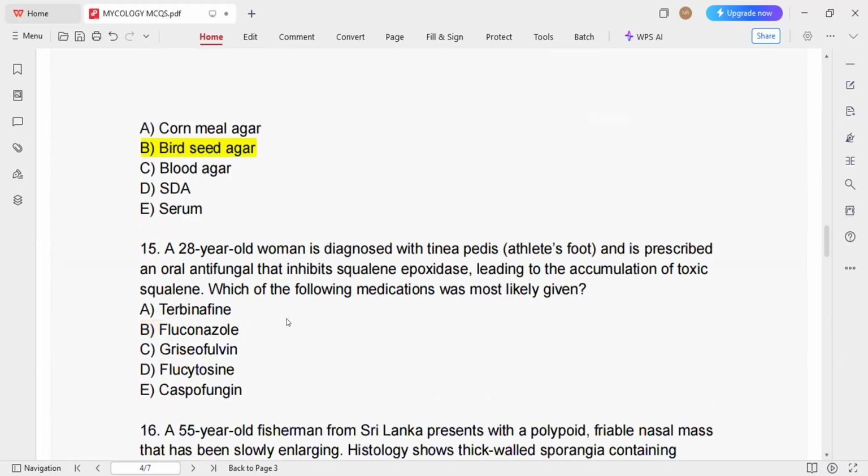And number 15. A 28-year-old woman is diagnosed with tinea pedis, which is the athlete's foot, and is prescribed an oral antifungal that inhibits squalene epoxidase. Which drug is that? What's the answer? A. Terbinafine, good.